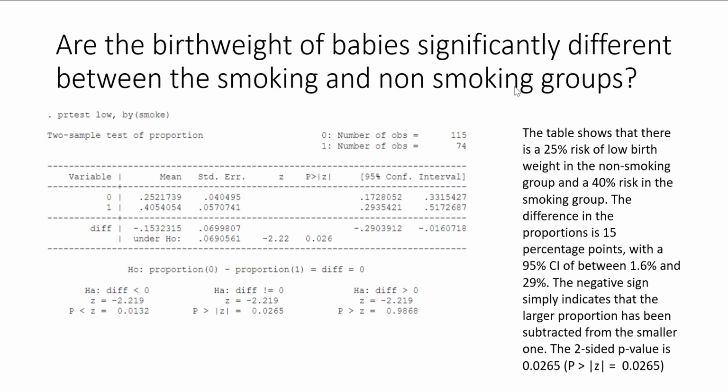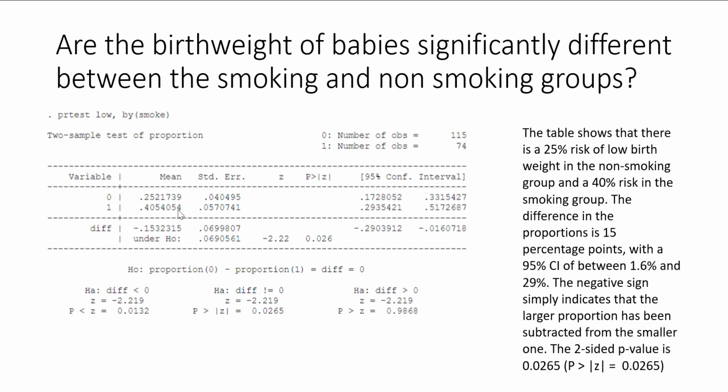So now, the variables that you are seeing inside this table normally refer to the outcome variable. So you can see here that the mean birth weight for the non-smoking group is 0.25 kg, while the mean birth weight for the smoking group is 0.40 or 0.41 kg.